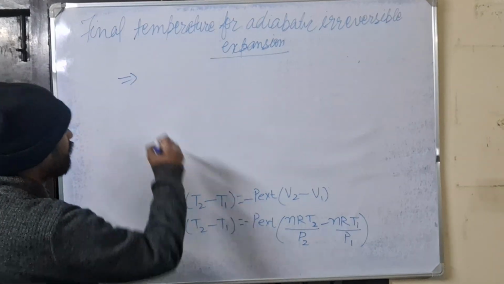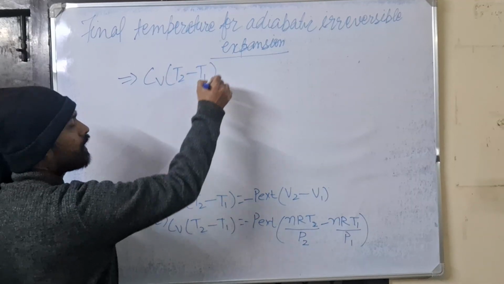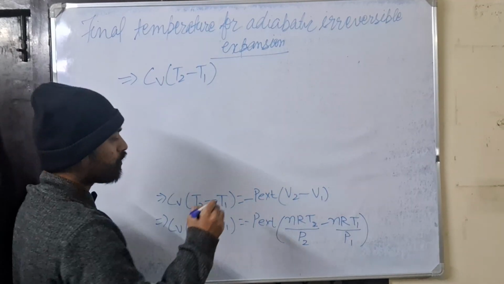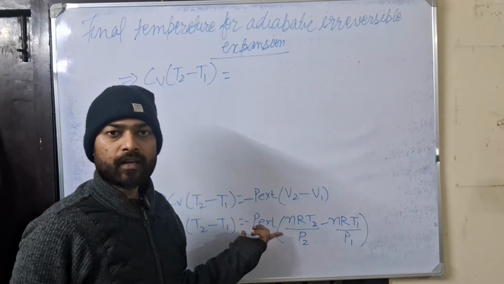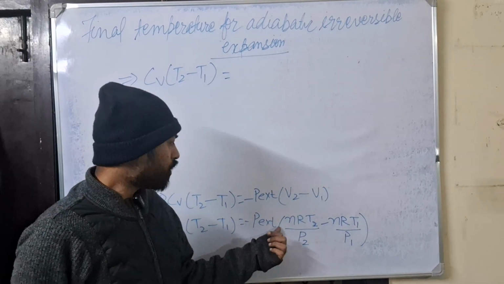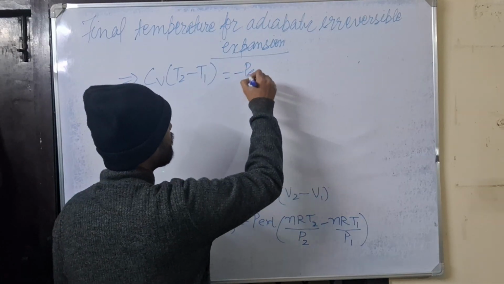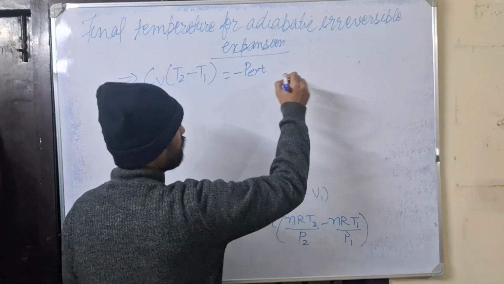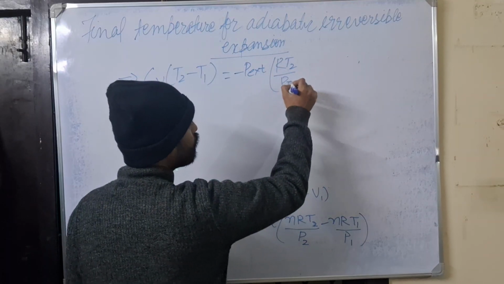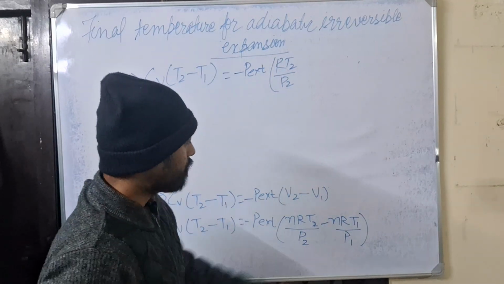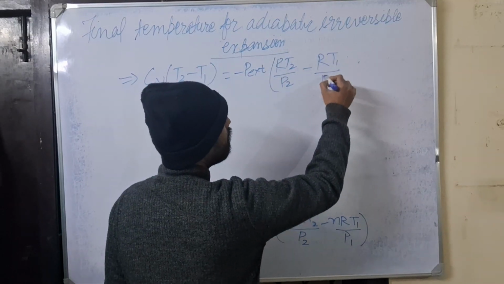This becomes Cv into T2 minus T1 is equal to, now if we take n equal to 1, because we have been considering 1 mole, minus P external into R T2 by P2 minus R T1 upon P1.